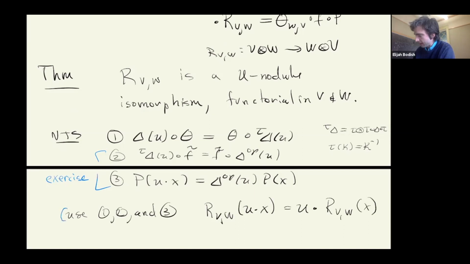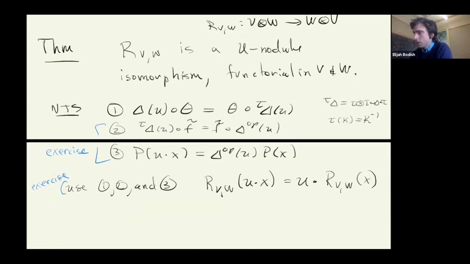So even though I did that last time, I'll just say it's a useful exercise to maybe do one more time on your own, just to see how that worked. So now this is the main thing that we needed to do at the start of today, the proof of 1.